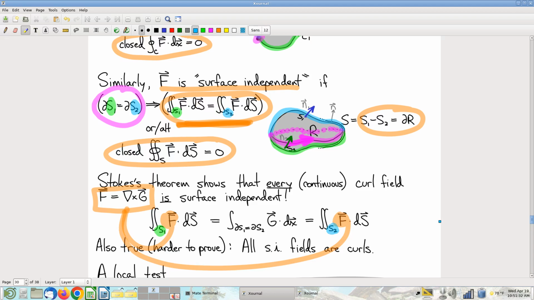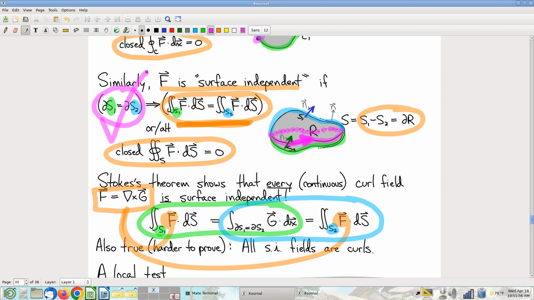Well, here's the thing. If it's a curl, then each of them is computed by way of Stokes' theorem as a line integral on their shared boundary. The blue integral is computed as a line integral on its boundary. The green integral is computed as a line integral on its boundary. They have the same boundary. Therefore, these two flux integrals are computed by the exact same line integral, so they are equal to each other.